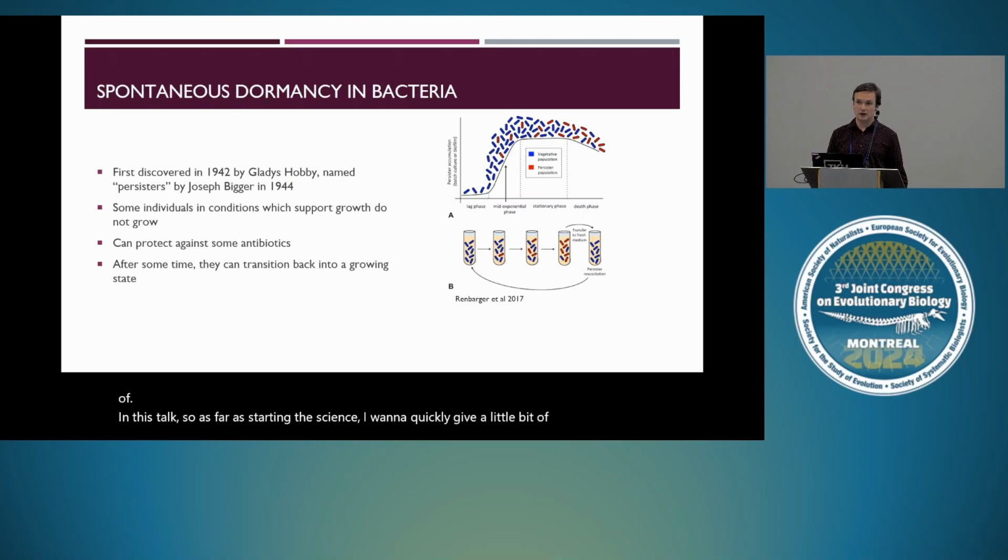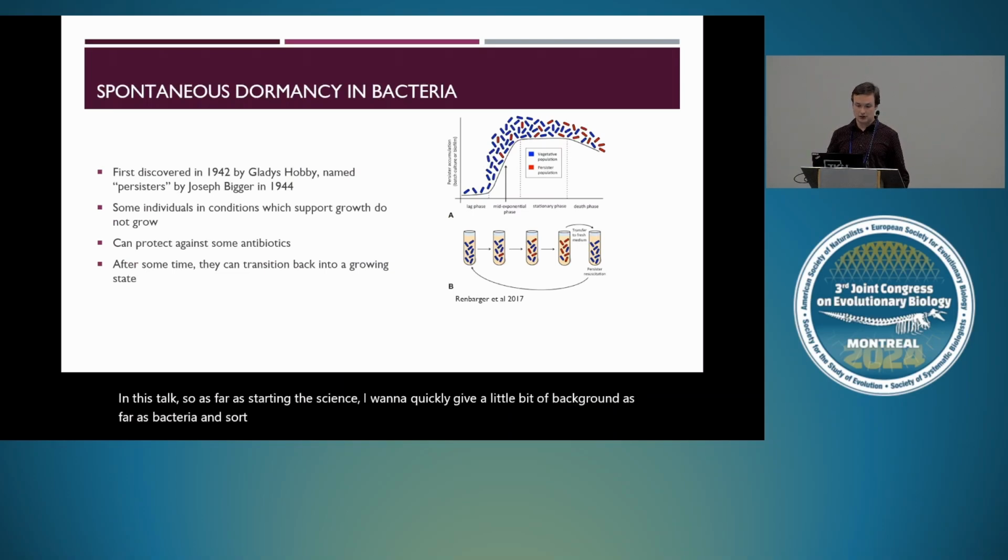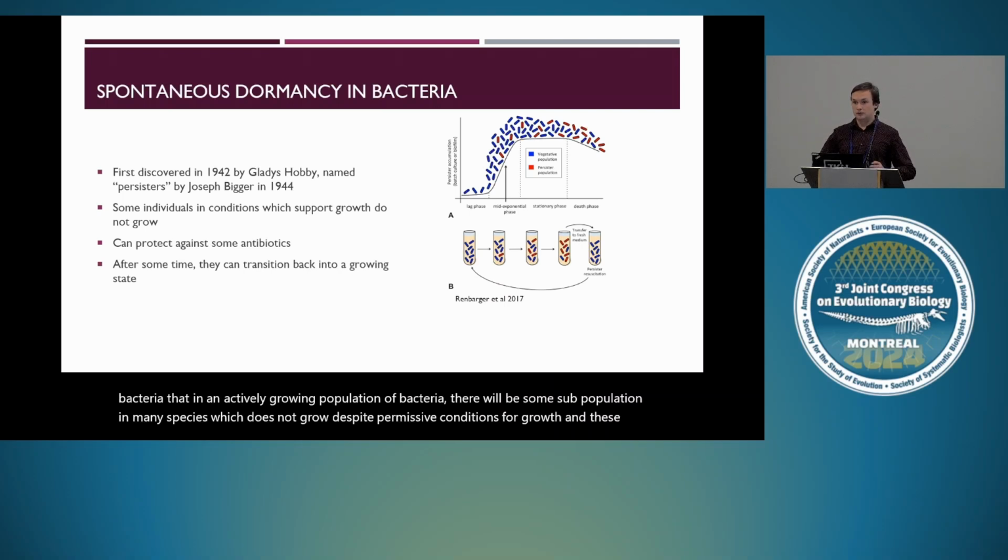So as far as starting the science, I want to quickly give a little bit of background as far as bacteria and some of their physiology. It's a commonly known trait in bacteria that in an actively growing population, there will be some subpopulation in many species which does not grow despite permissive conditions for growth. And these are really important and were first discovered in the context of antibiotic tolerance because a lot of antibiotics target actively growing cells.